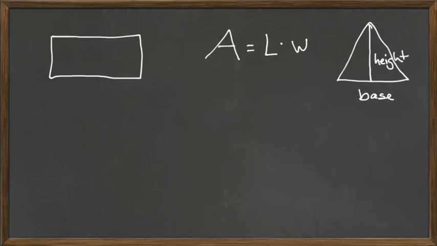The triangle uses base and height, the rectangle uses length and width, and while we're at it, the formula for the triangle area is 1/2 times base times height, 1/2 coming from the fact that it's half a rectangle. Yes.